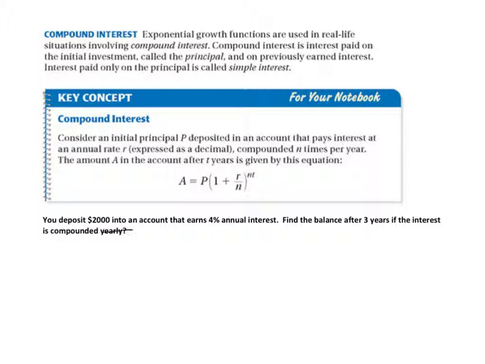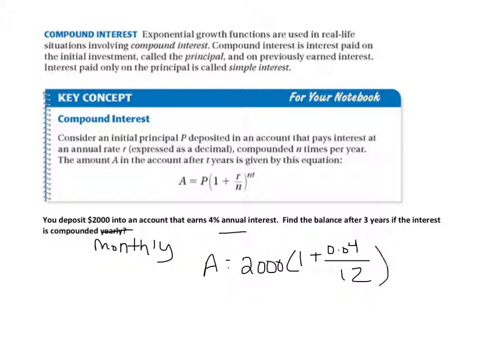Let's say instead of yearly, let's say monthly. So I would get A equals $2,000 principal, 1 plus 0.04 because it's decimal form. Now, if it's compounded monthly, how many months are in a year? Because it said annually. 12. And then the number of months that have gone by is 12 times 3. So just go ahead and plug that into your calculator now.